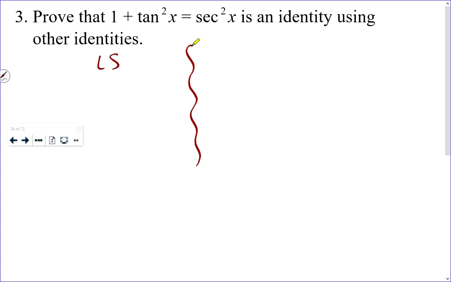When you do a proof, you want to manipulate the left-hand side using known identities so that it turns into the right-hand side. Or you want to manipulate the right-hand side so that its appearance becomes identical to the left-hand side. Or you can manipulate them both until they come together to be the same thing.